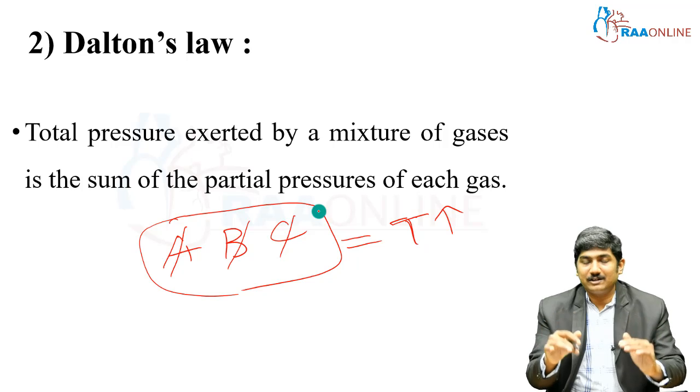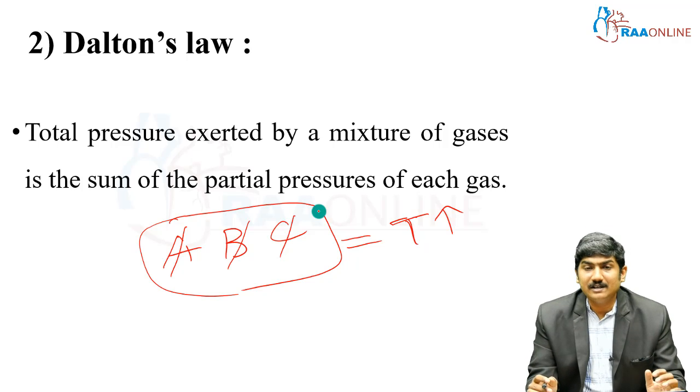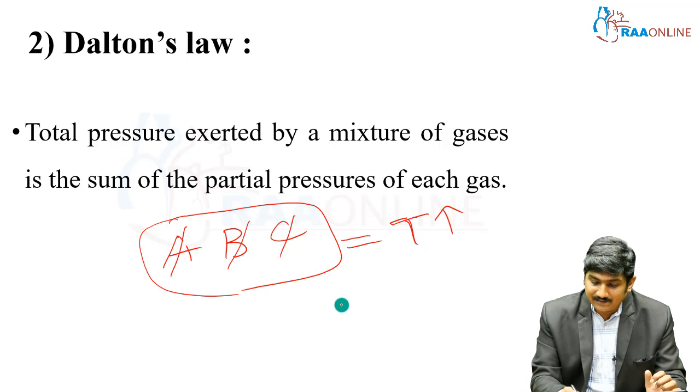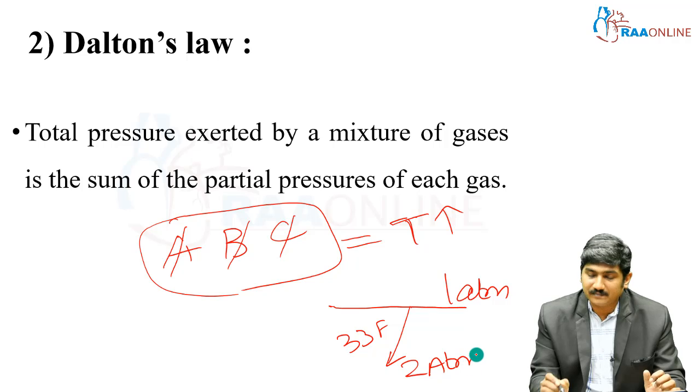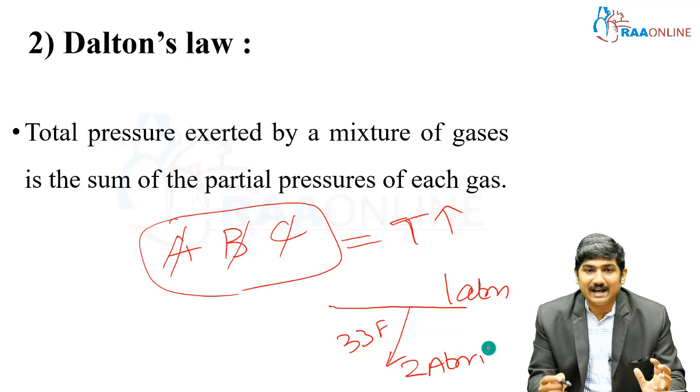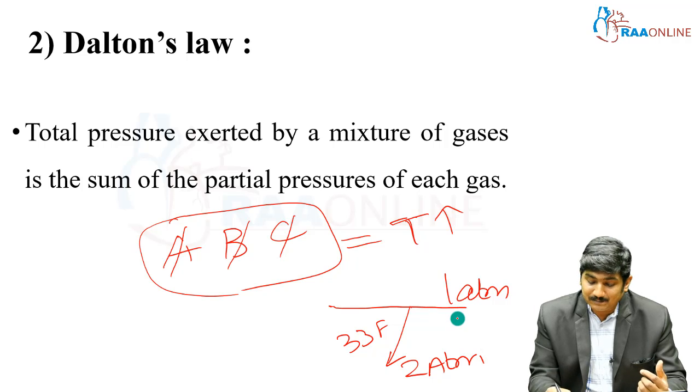Now coming back again to our scenario. Our patient is there at sea level, that is 1 atmospheric level. Now he has jumped inside to 33 feet seawater. So the pressure has increased to 2 atmospheres. So whatever air he is inhaling through the compressor circuit, that pressure also is increasing.